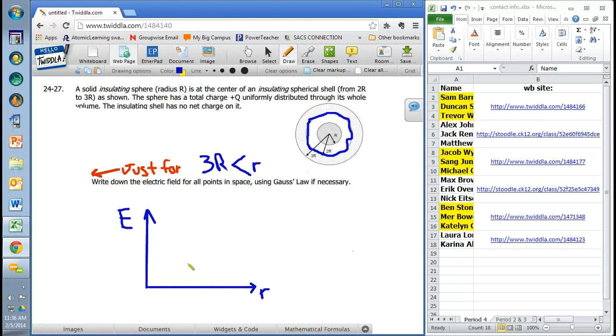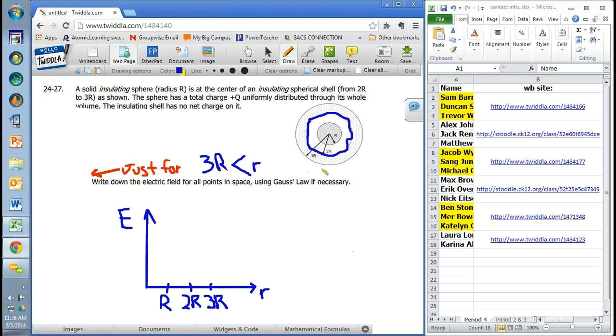And there are some important points here. There's big R, there's another important point, 2 big R, and then another important point, 3 big R. I want to look at what the graph would look like for this.